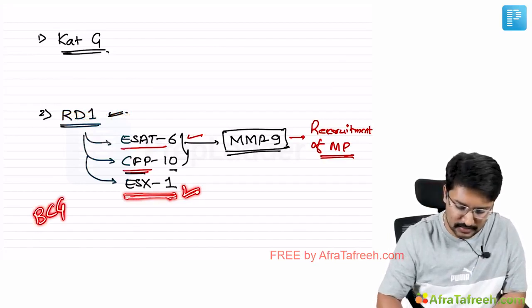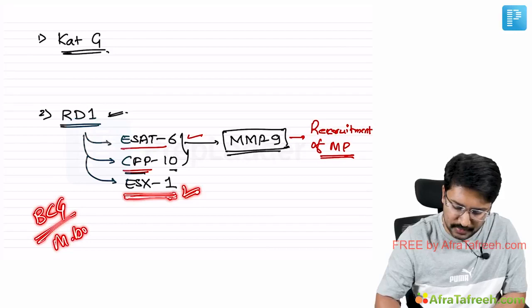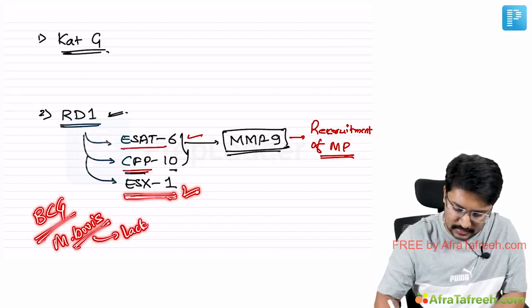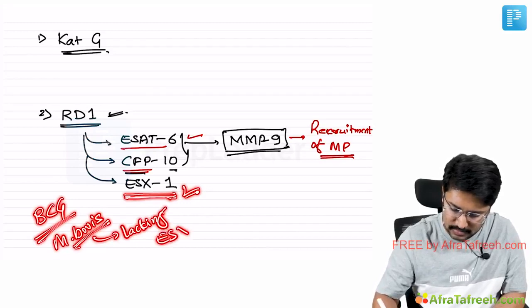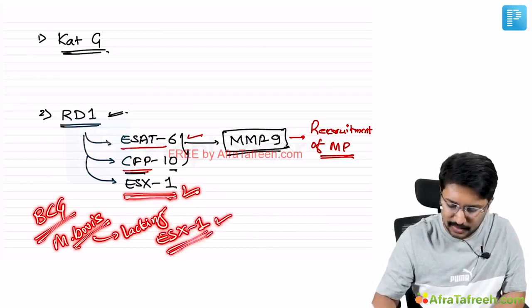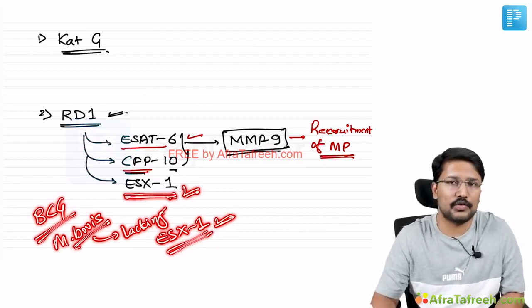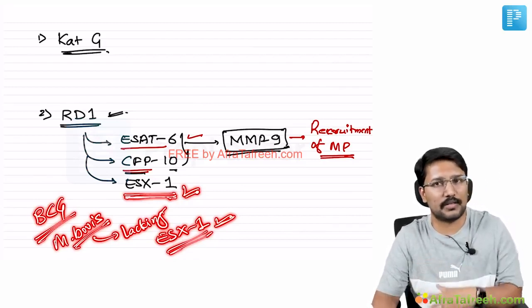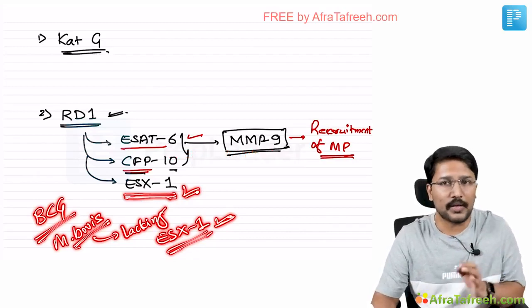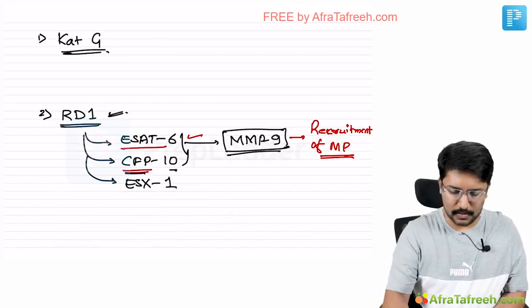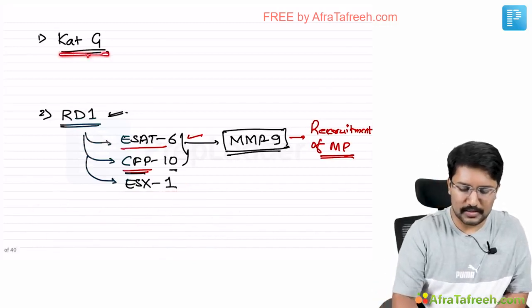This BCG vaccine is usually derived from the M. bovis strain, which lacks this ESX1. So ESX1 is not present in the M. bovis strain used for the Bacillus Calmette-Guerin vaccine. Because of that, it doesn't cause disseminated infection, but is definitely sufficient to trigger cell-mediated immunity. Clear? Okay. Now, the other virulence factor before we move on is this CATG.